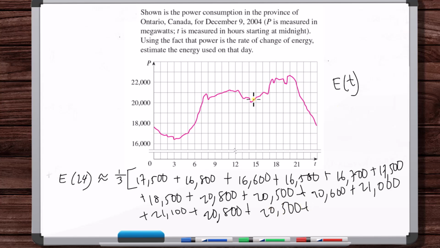Here it's 20,300 and then 20,600. About 20,950. Here we've got 22,000 and then 22,300.